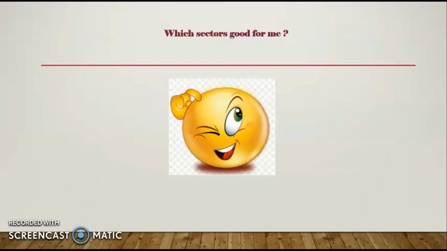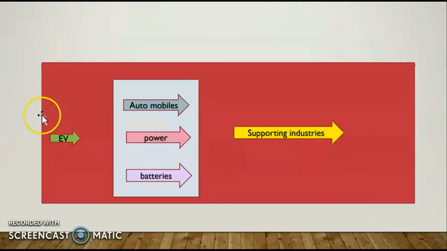For example, last year they announced something about the EV sector, meaning electrical vehicles. Which sector is impacted first? Automobiles, because it is vehicle related.